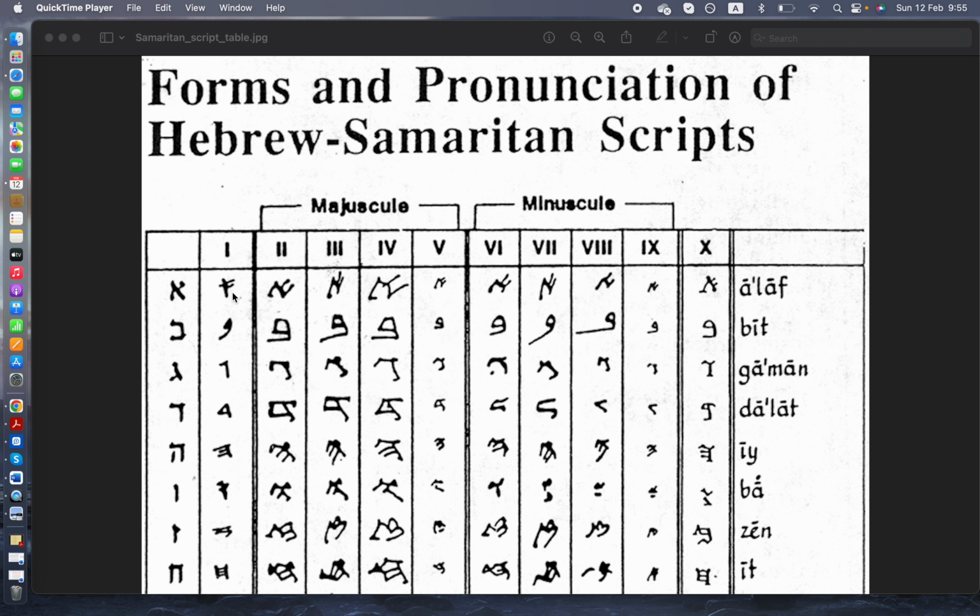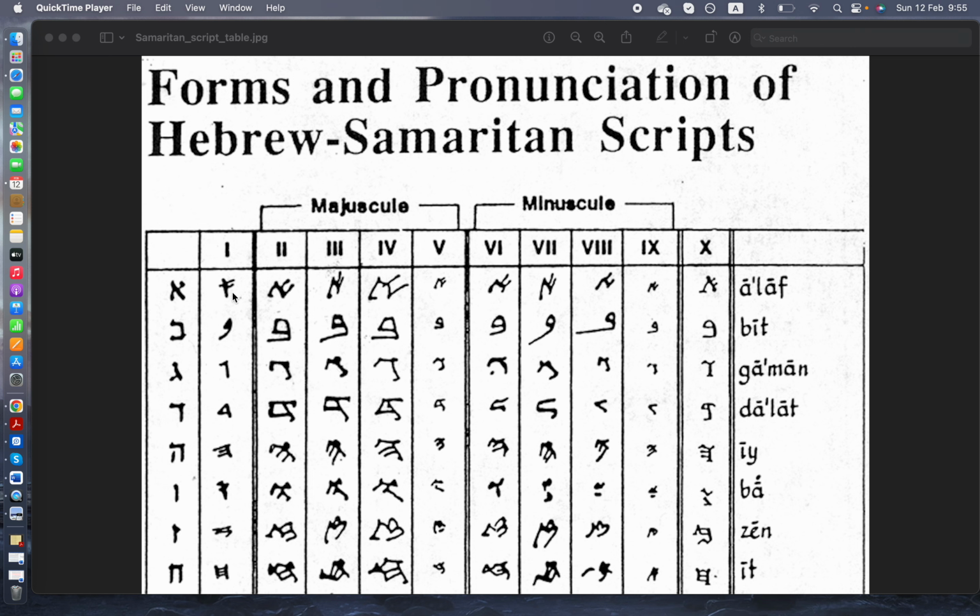So it seems that there were two things going on here. One seems to be some kind of reminiscing over the older script, but not the Samaritan, avoiding the Samaritan script, because the Samaritans by this point became the enemy. And second of all, there seems to be maybe some kind of an avoidance of using square letters, maybe because the square letters were more associated by this point with scrolls, with Torah scrolls and so on.